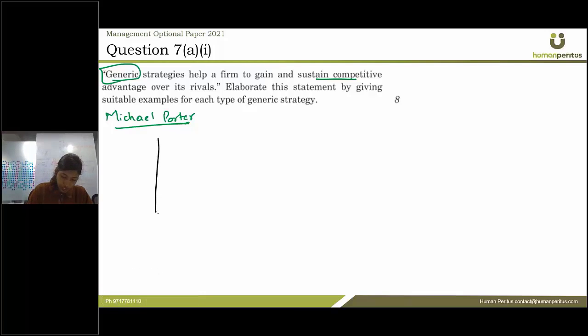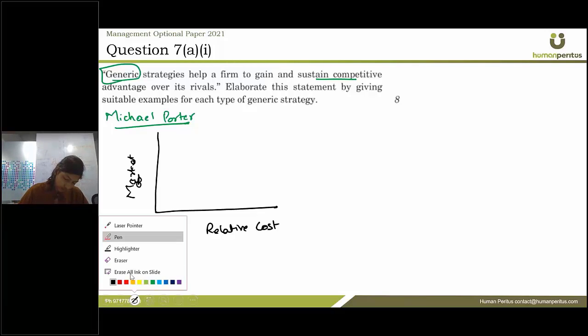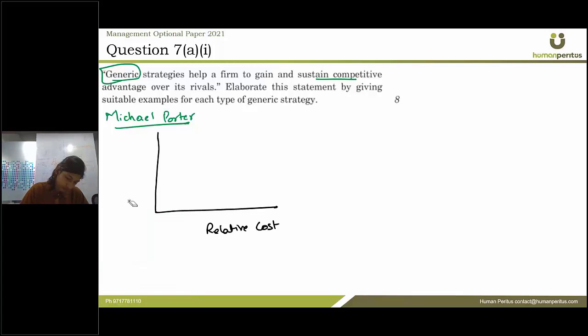Again, it can be drawn with the help of a 2x2 matrix: relative cost and marketing differentiation, low, high, low again.